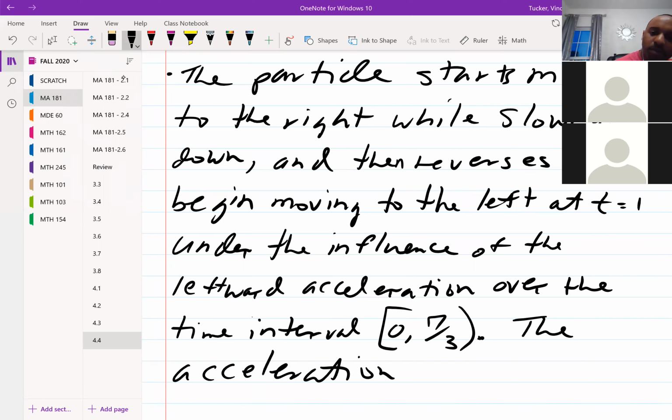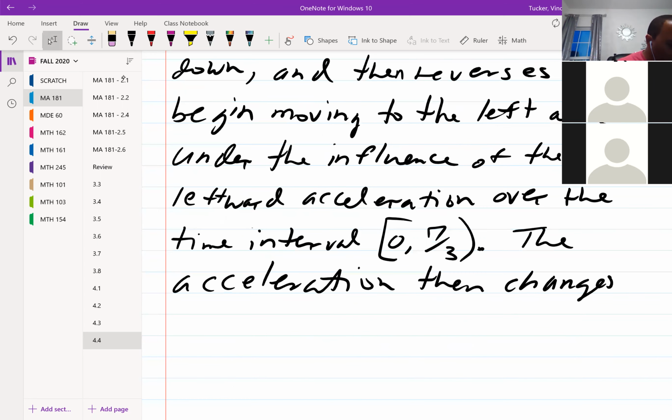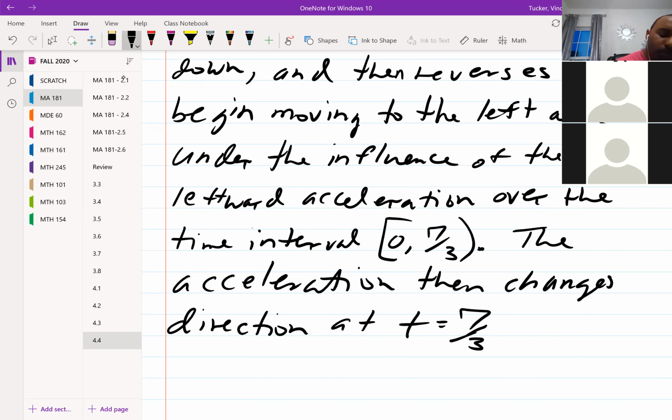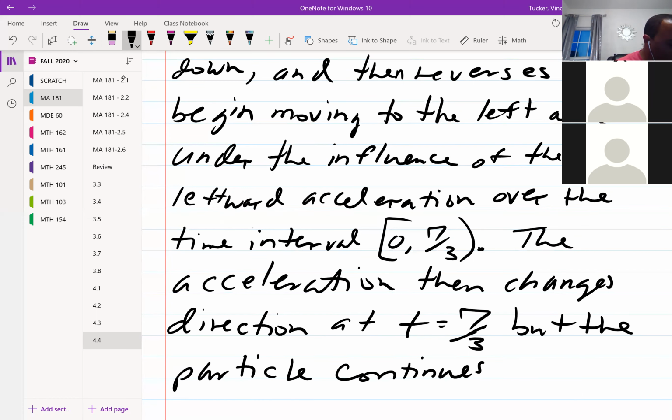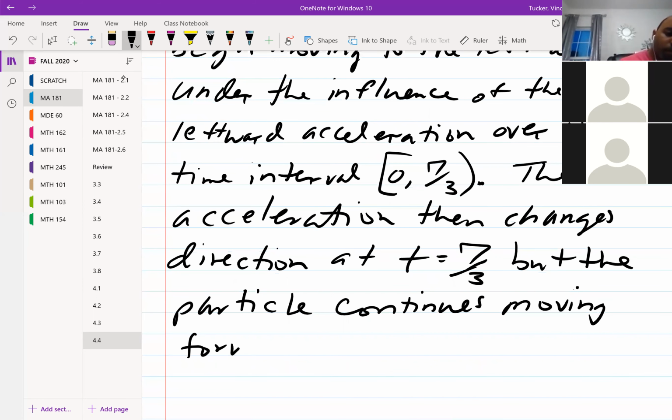So the acceleration and changes direction. Leftward, not forward, leftward.